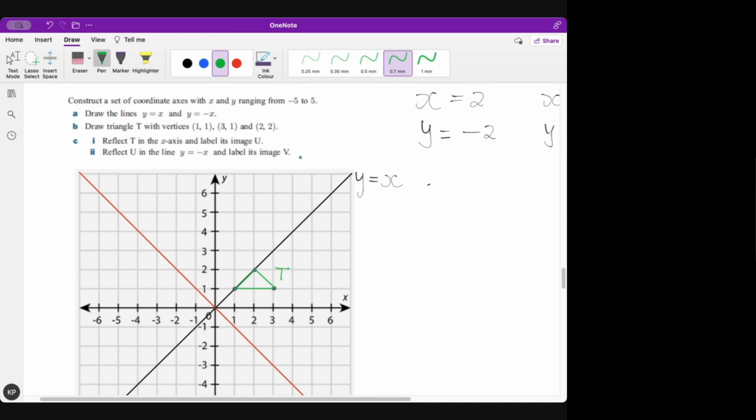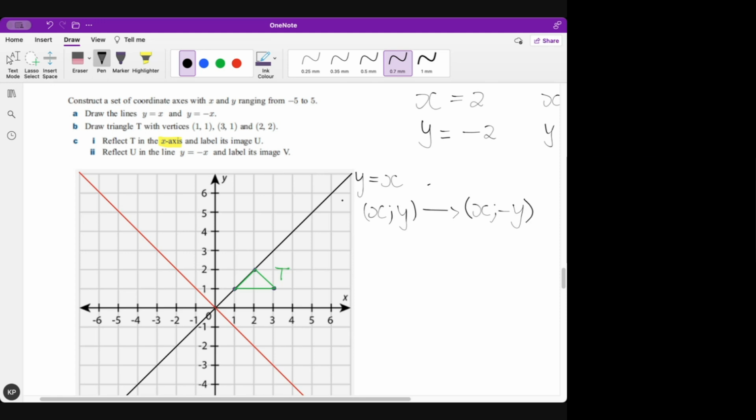Great. And then it says reflect T in the x-axis and label the image U. So first we're going to do calculations over here now, okay? When we're reflecting on the x-axis, which of my coordinates will change signs? I'm going from x, y to x, negative y.